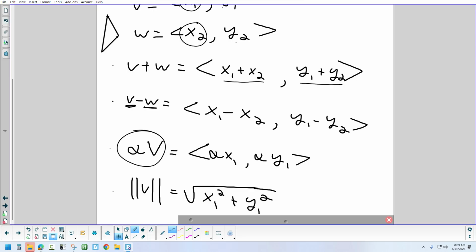Magnitude. Magnitude is a different answer type. All the other answer types are vectors. But when you find magnitude, you don't write your answer as a vector. You just write it as a number.